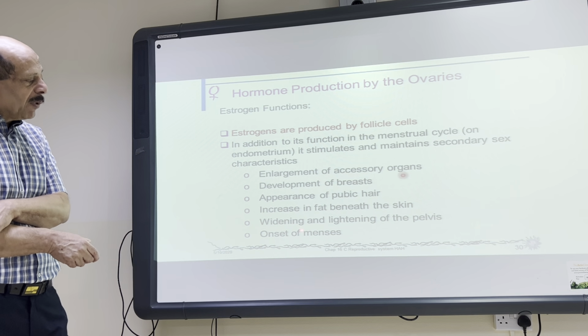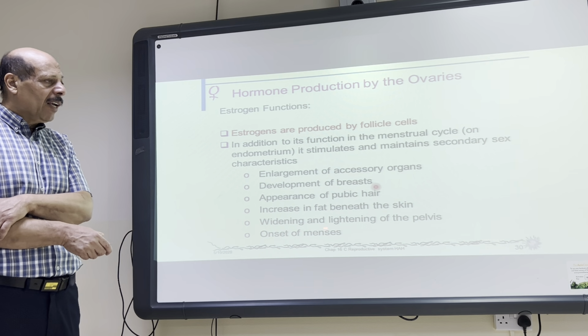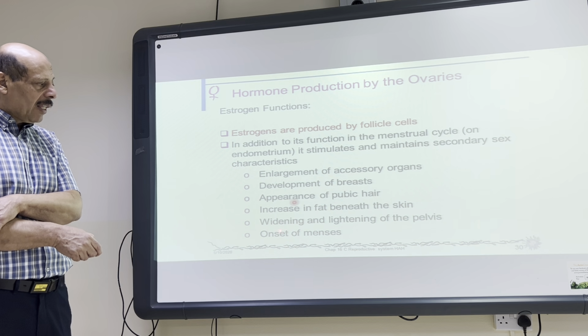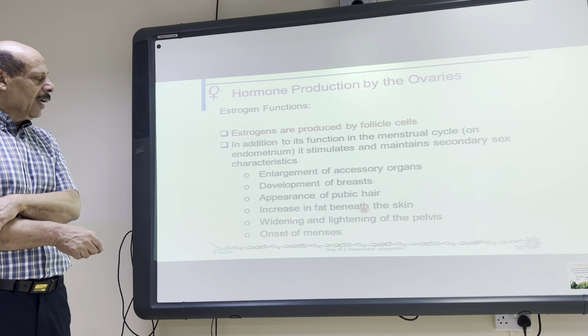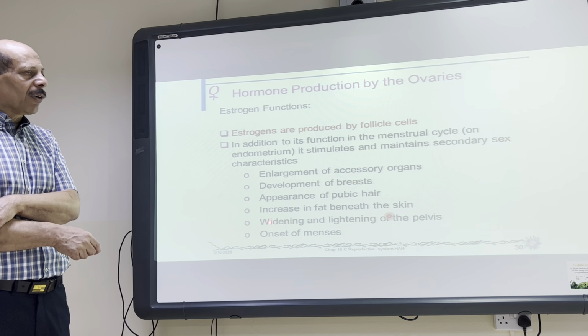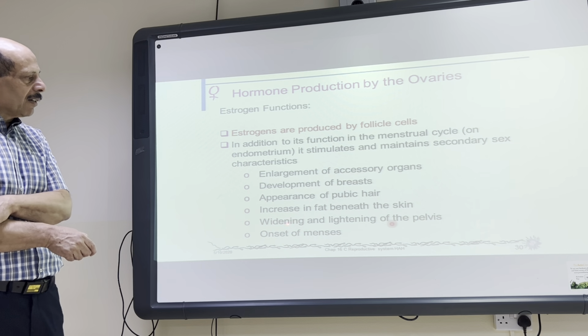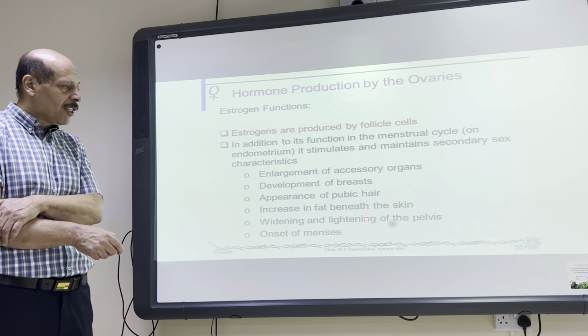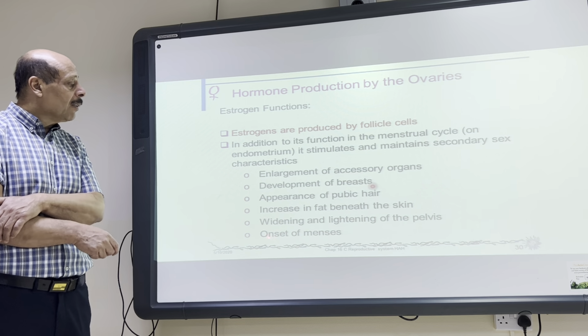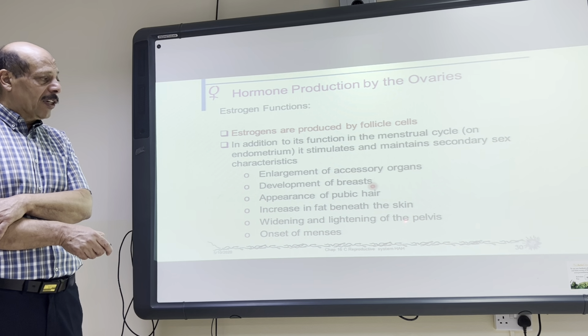The pelvis has to be wide in order to have a birth canal, to be easier for the fetus, after full development, to pass through the vaginal canal, and there is onset of menstruation.